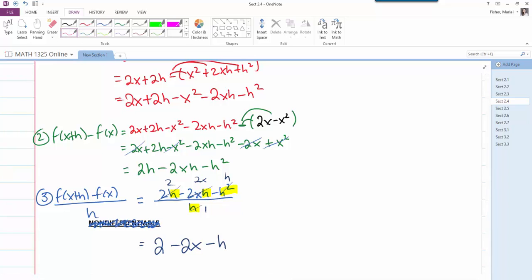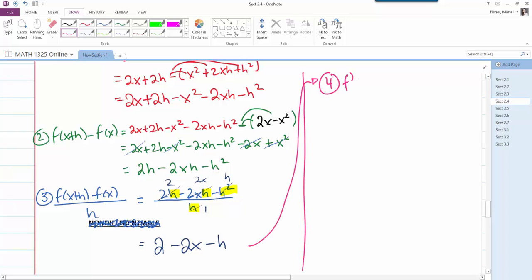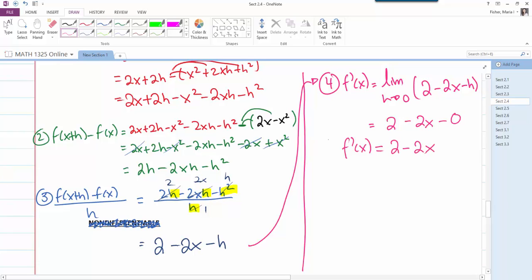Finally, step 4, f prime of x is going to equal the limit as h goes to 0 of my 2 minus 2x minus h. So the limit as h goes to 0 of 2 is 2, of 2x is 2x, of h, plug in a 0. So you end up with f prime of x is equal to 2 minus 2x.